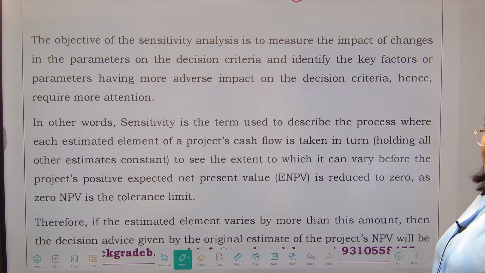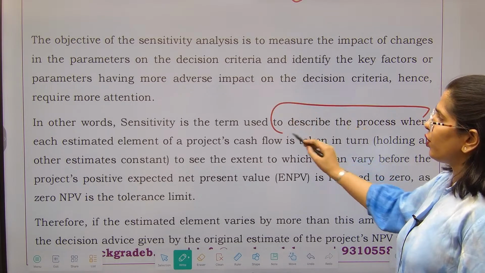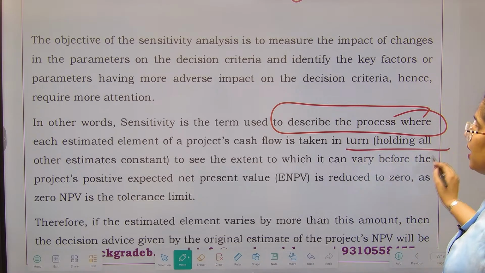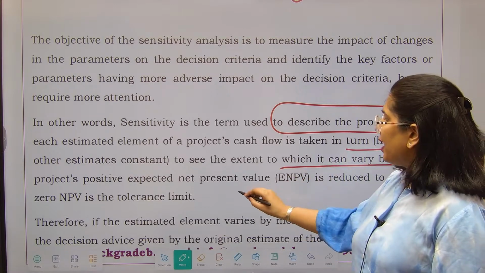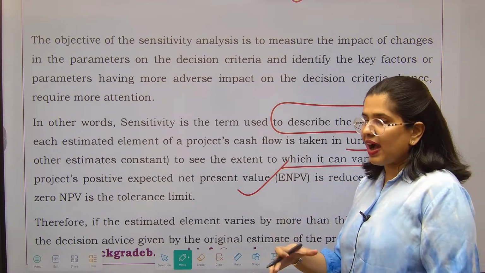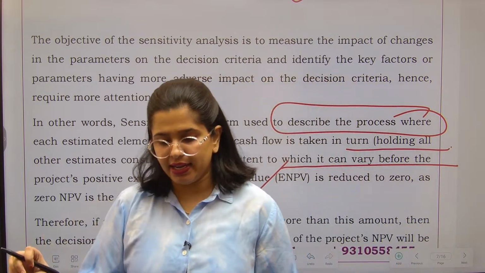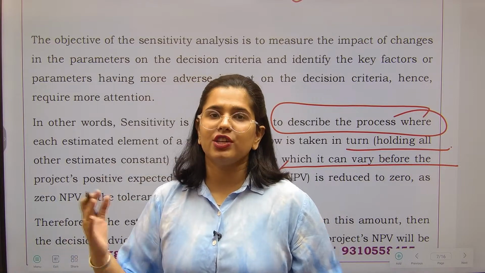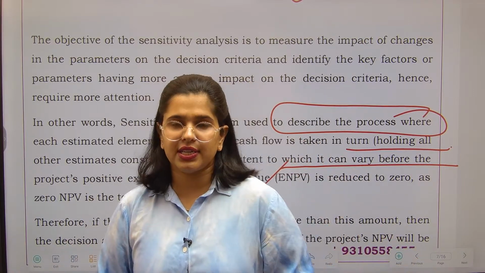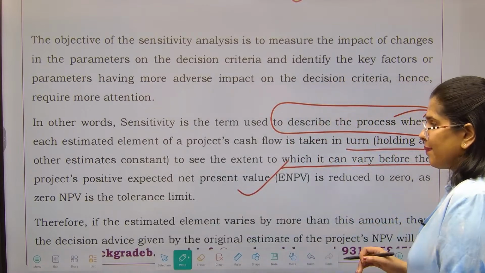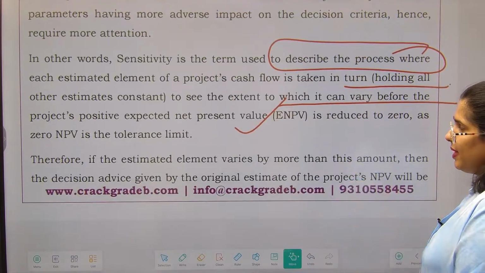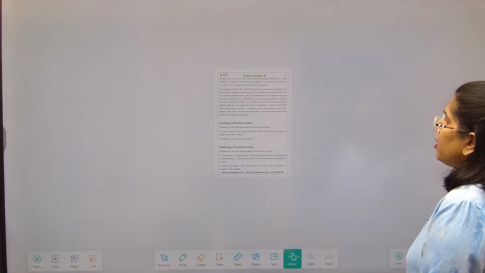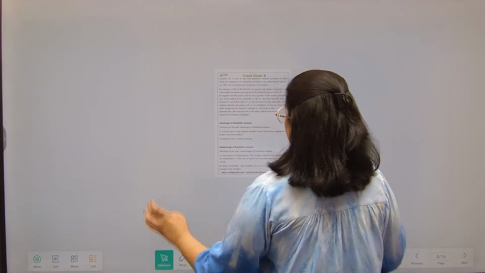So in other words, sensitivity is the term we use to describe the process where each estimated element of project cash flow is taken to see how much it can impact our net present value. हर फैक्टर को we analyze independently so that we can say that okay, because of this factor NPV is impacted this much, and because of the cash outflow related changes our NPV is impacted by this much. So if the estimated element varies by more than this amount, then the decision advice given by the original estimate will be incorrect. Now let's see the example of this.